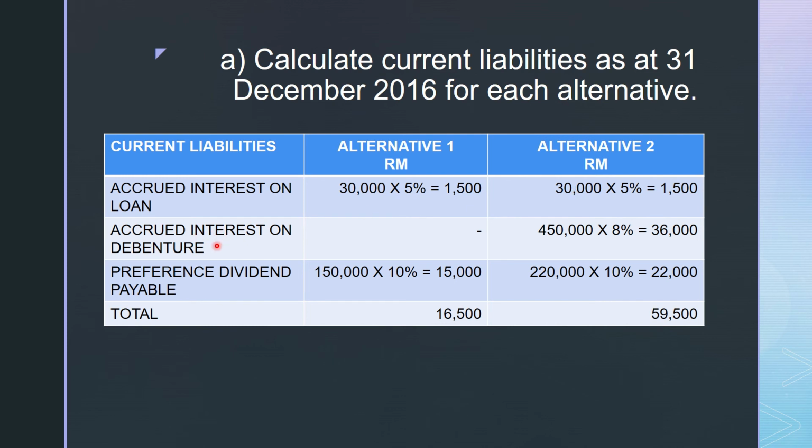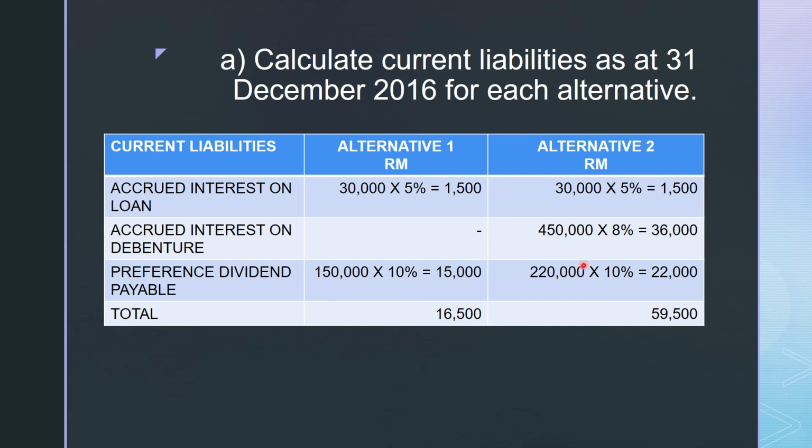Accrued interest on debenture, only for the second alternative, the total amount is 450,000, the rate at 8%. So the accrued interest on debentures is 36,000. For preference dividend payable, the first alternative, total amount of preference shares is 150,000 times the dividend rate of 10%, so we have 15,000.